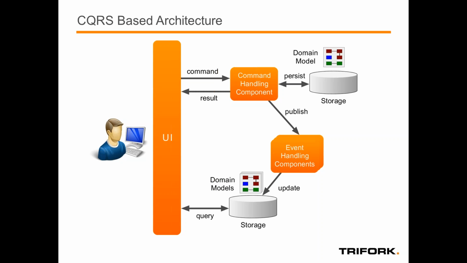And these command handling components act on a domain model specific for that command handling component, which is also stored in a storage dedicated to that command handling component. When that domain model decides something important happened, it can emit an event. And that event is then published to a number of event handling components, which in turn update their domain models, which are there to answer the queries that the UI may do.